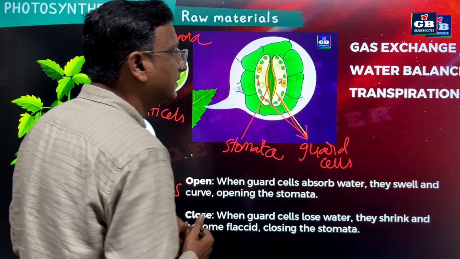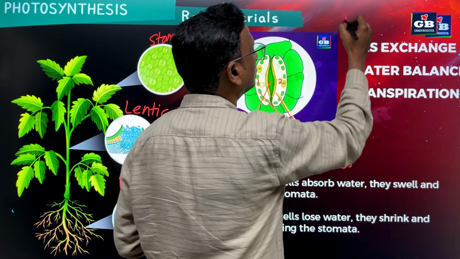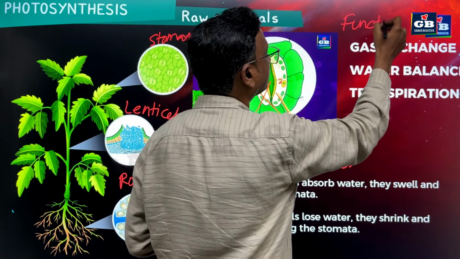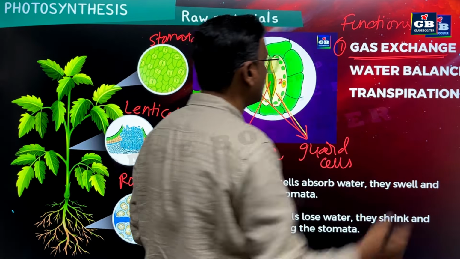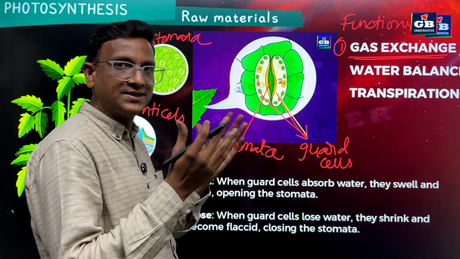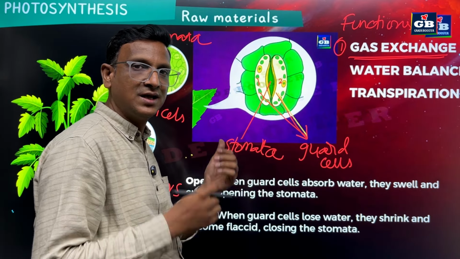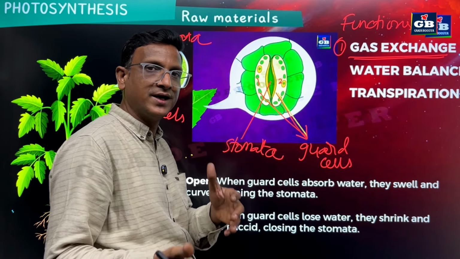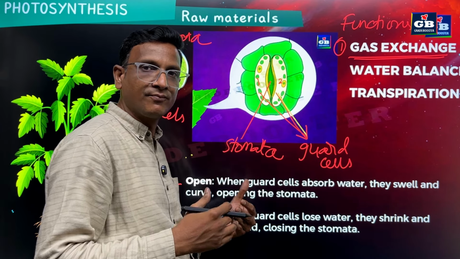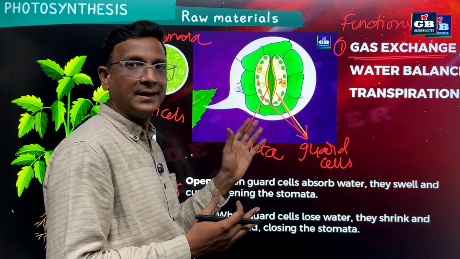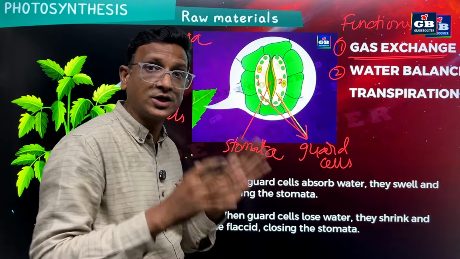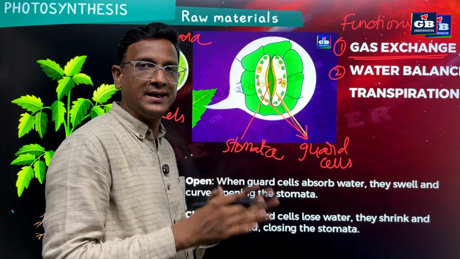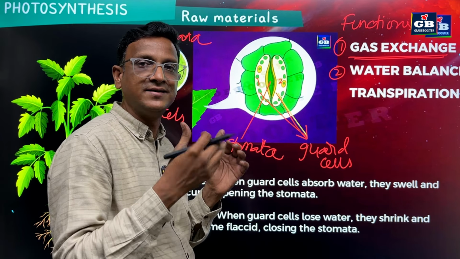So here we have the functions of stomata. What is the first function? Gas exchange. Stomata are helpful for the exchange of gases, that means to release the oxygen out and get the carbon dioxide in. What is the second function? Water balance. The stomata helps to balance the amount of water present in a plant.